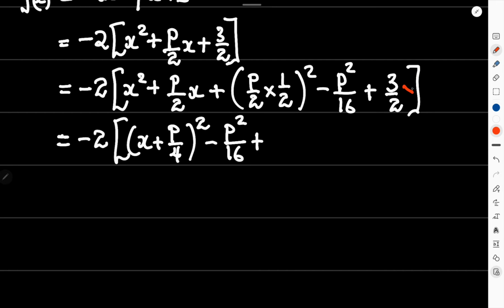We have to multiply here by 8 over 8 so that we can have the denominator as 16. We're going to have 24 over 16.